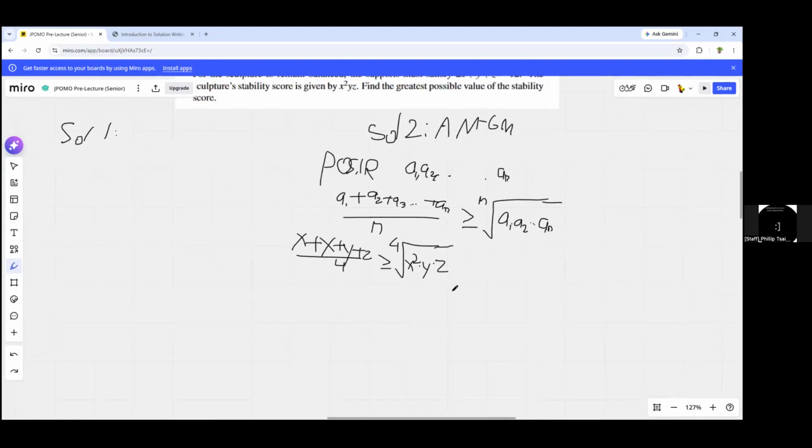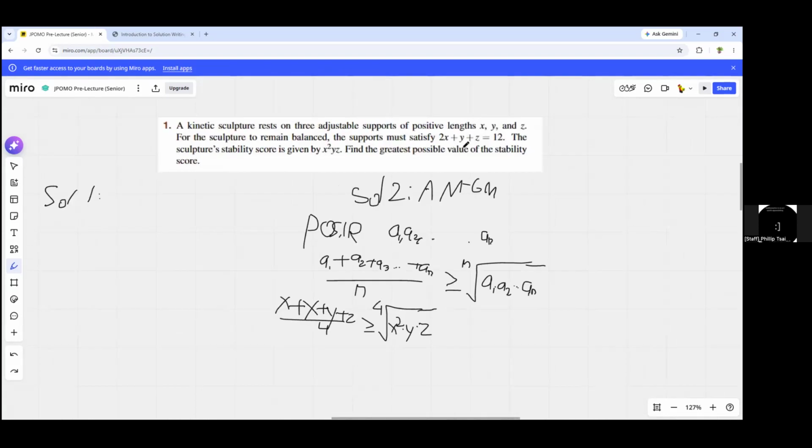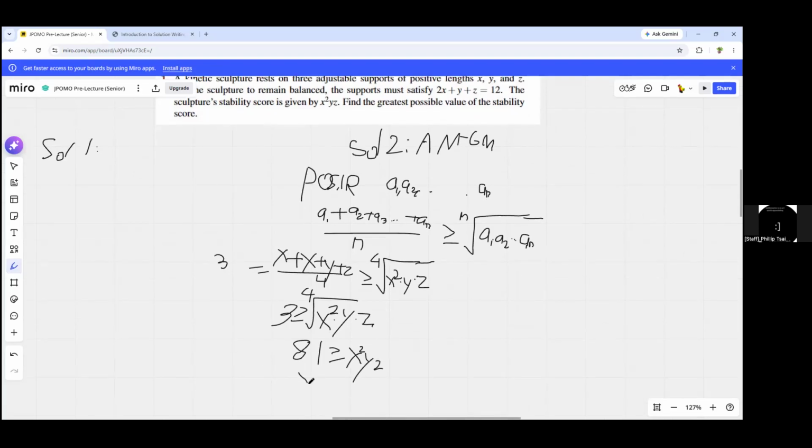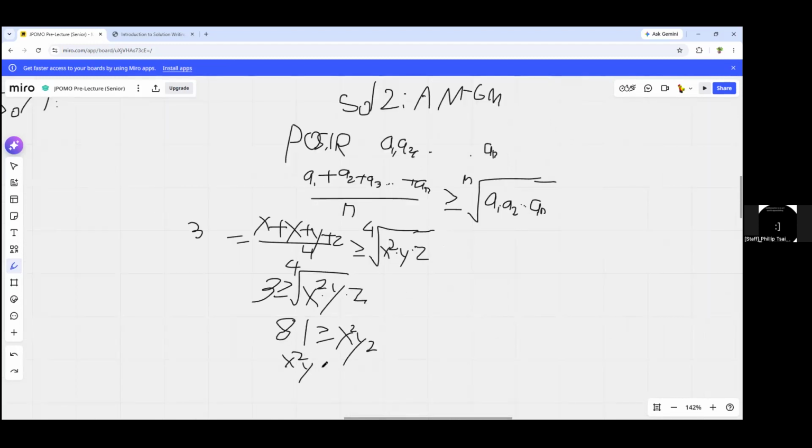So here we know that since 2x plus y plus z is equal to 12, this must be 12 over 4 or 3. So 3 is greater than or equal to the fourth root of x squared yz. And so 81 is greater than or equal to x squared yz. In other words, x squared yz is less than or equal to 81.